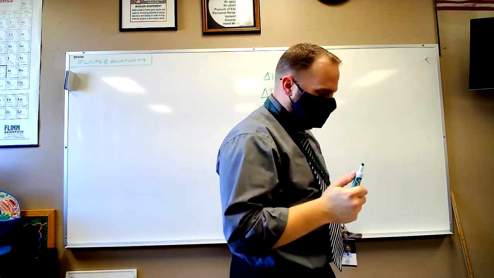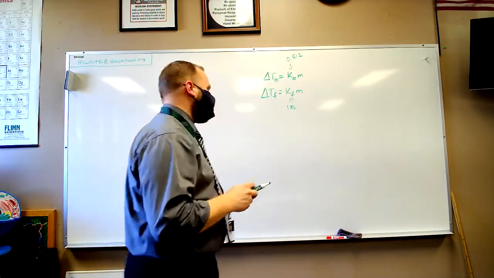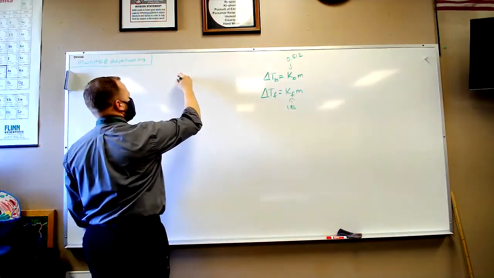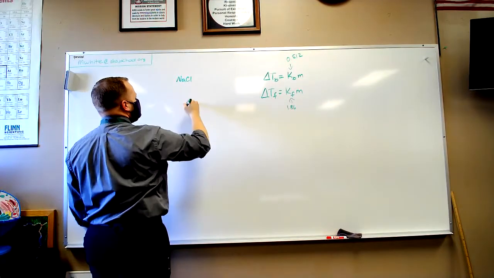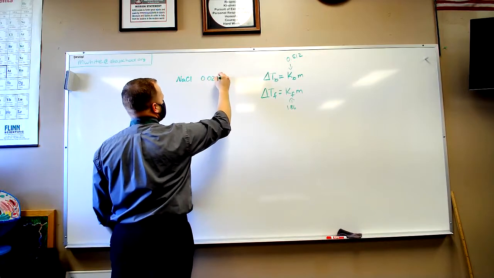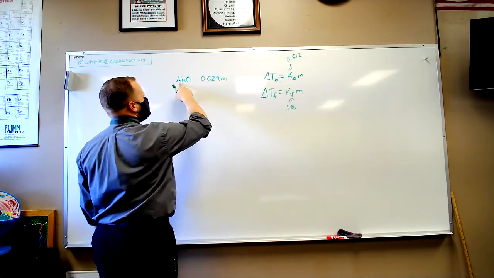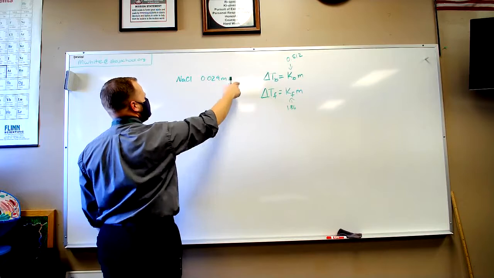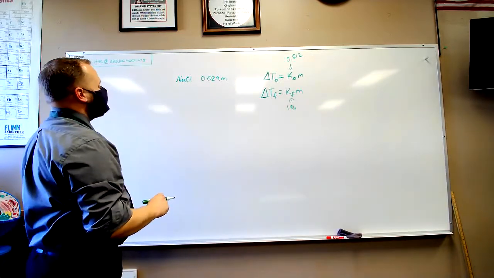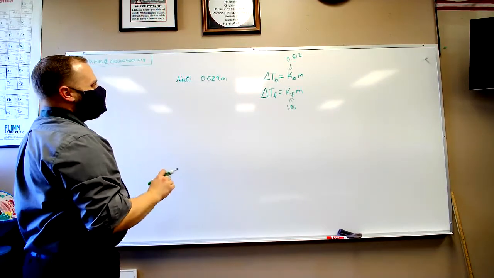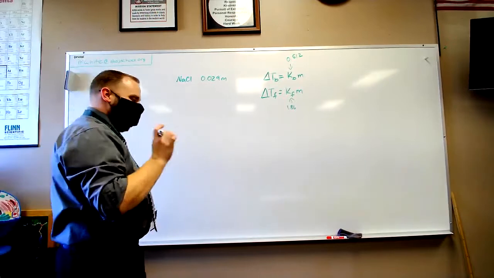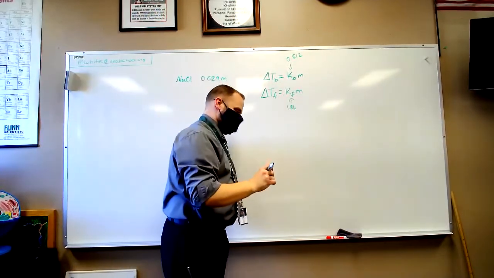Now, the hardest part of this is breaking down our sodium chloride, because we have this molality. But remember, the whole point of these colligative properties is how many individual particles.